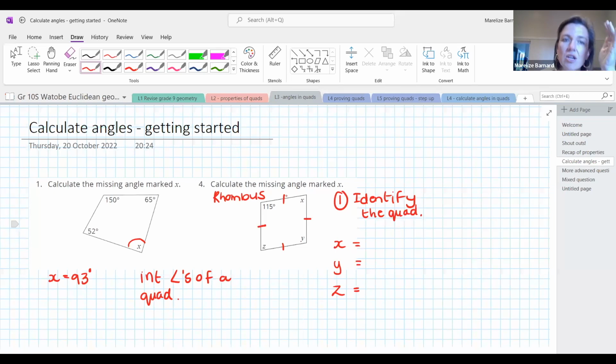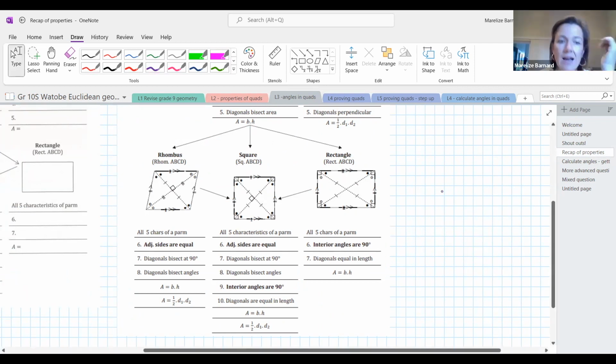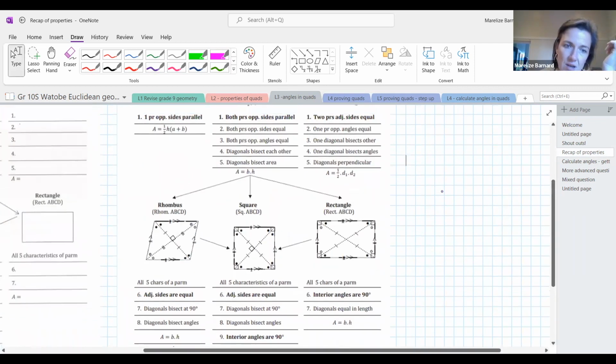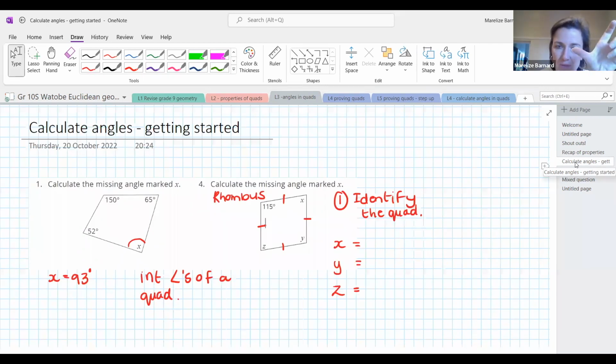Now I'm going to change colors because now that you've done that thinking, now you use that fact to find the other properties. And what did we say they were? The other properties are diagonals bisect. There are no diagonals drawn here, so we're not going to bother with that. And then the diagonals bisect the angles, okay? But what do we know about the angles across from each other, the opposite angles?